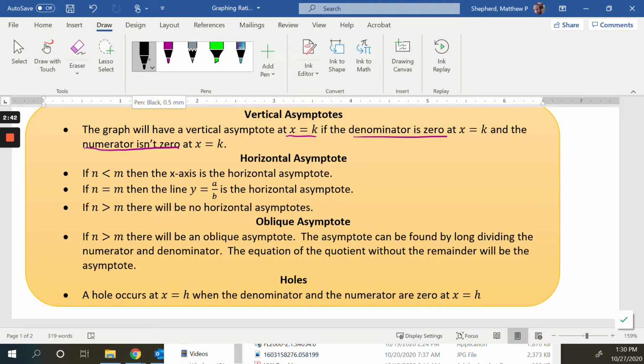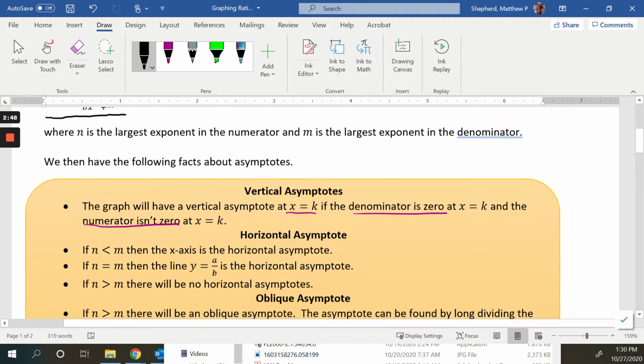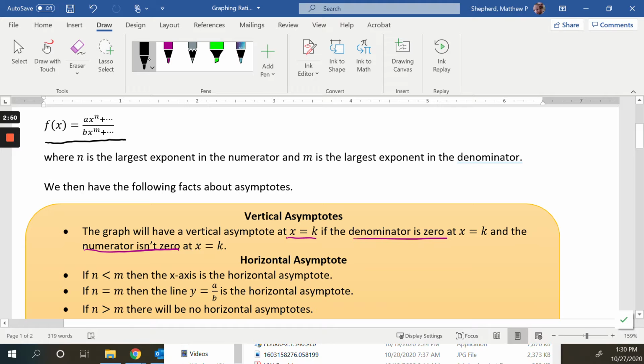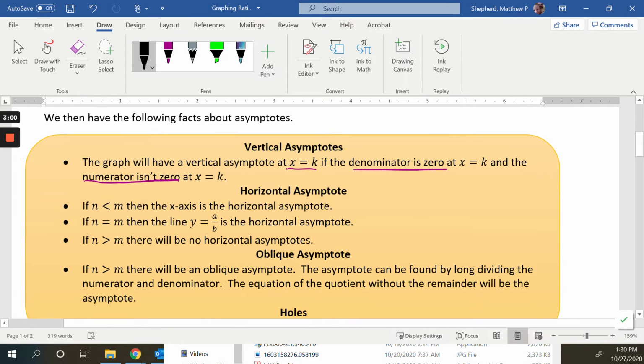If the degree of the numerator is the same as the degree of the denominator, then we take a over b, the leading coefficient of the numerator and the leading coefficient of the denominator. We divide those, and that will become the horizontal asymptote. y is equal to a over b.